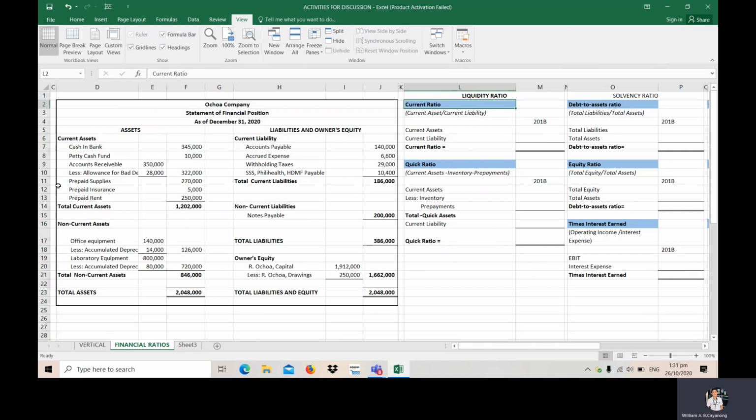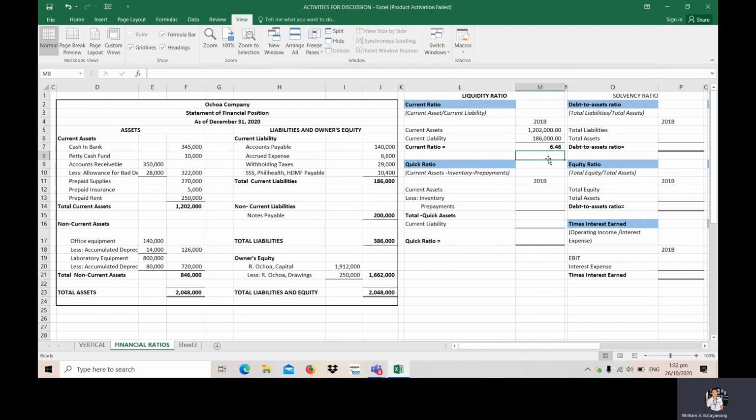For current assets, we have the total current assets there, 1,202,000. Next is the current liabilities, 186,000. We divide the current assets over the current liabilities.